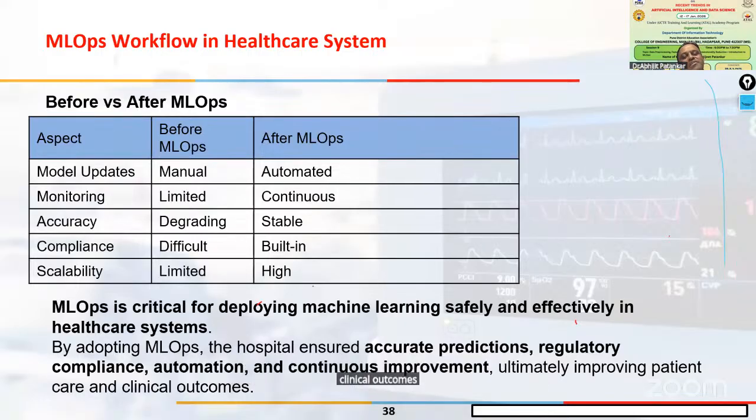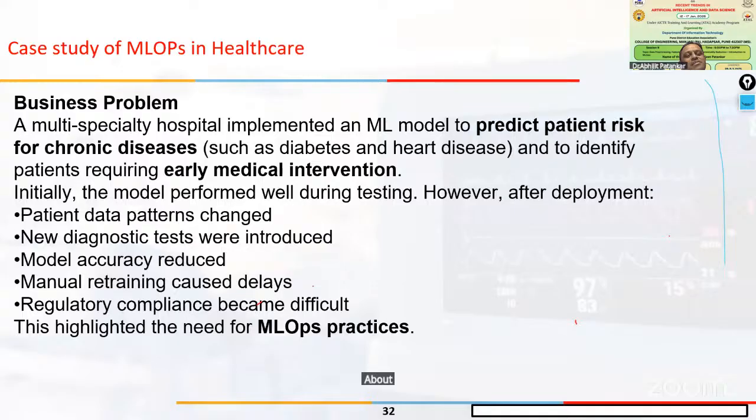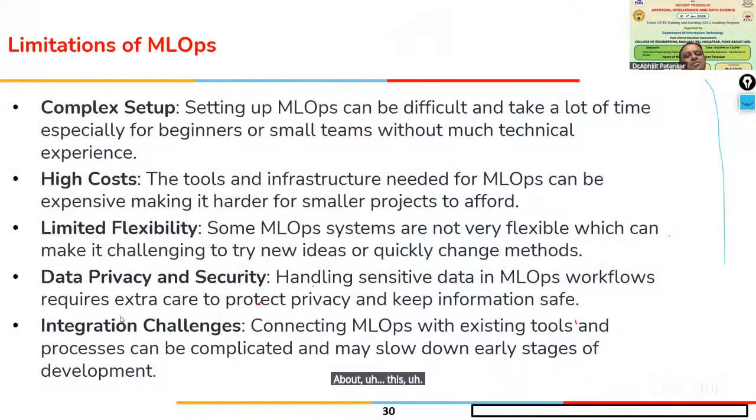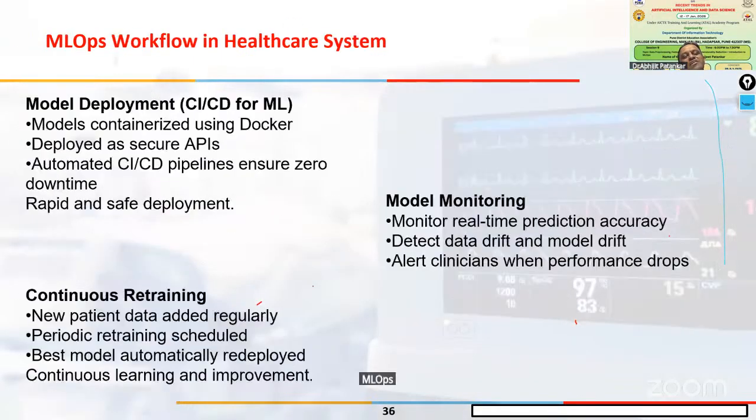So healthcare gets improved, but there are some limitations as we discussed about MLOps: cost, complex setup, flexibility, and privacy and security. After you overcome these, MLOps becomes very, very useful for all ML related applications.